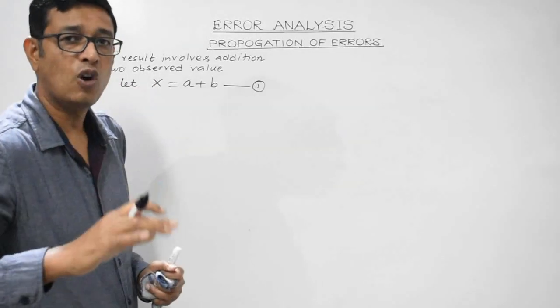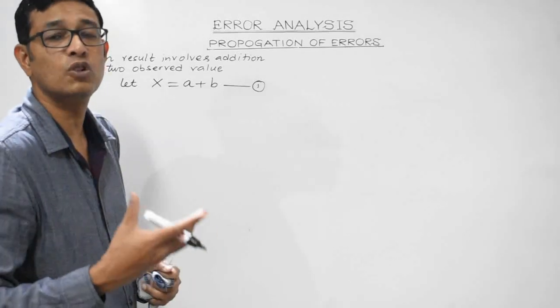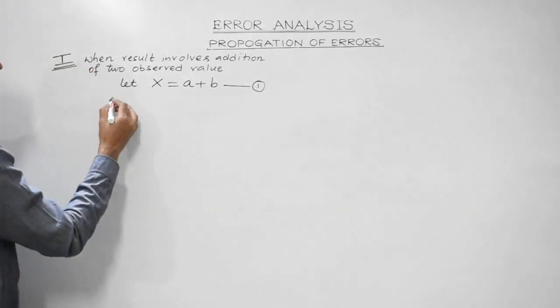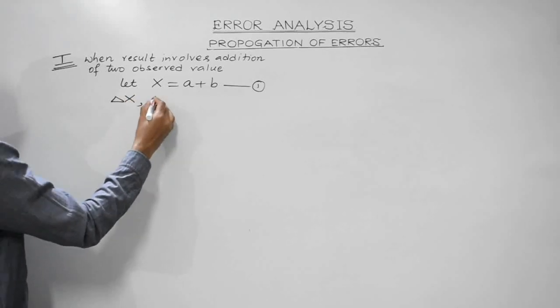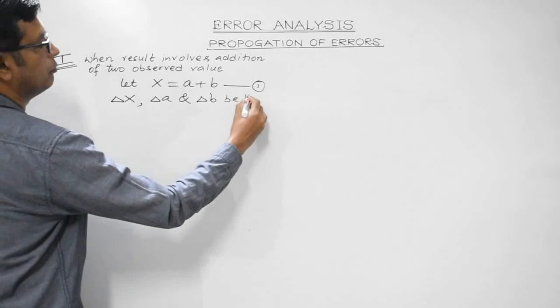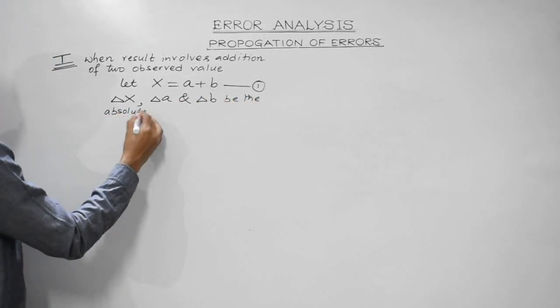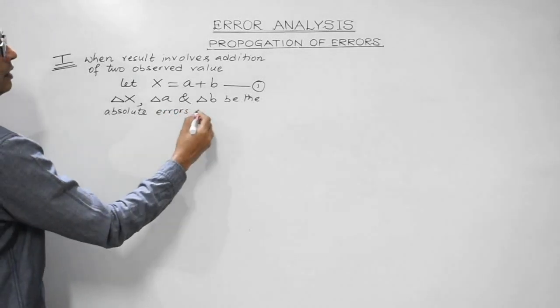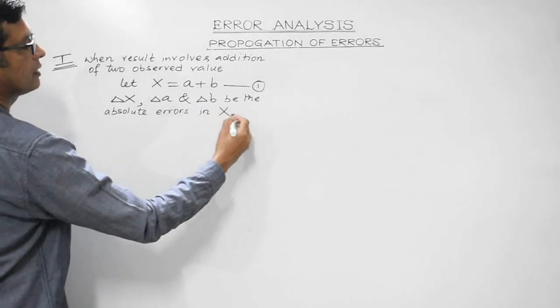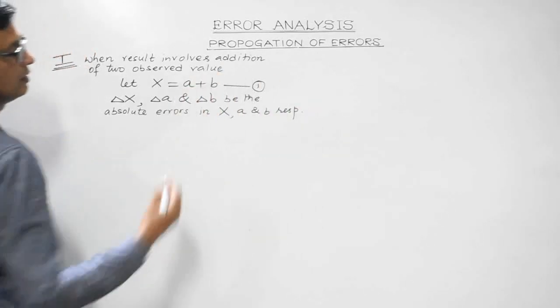Now students, I have told you how to express the measured value, how to express the result in terms of the absolute errors. Suppose del x, del a and del b are the absolute errors in the measurement of x, a and b respectively.